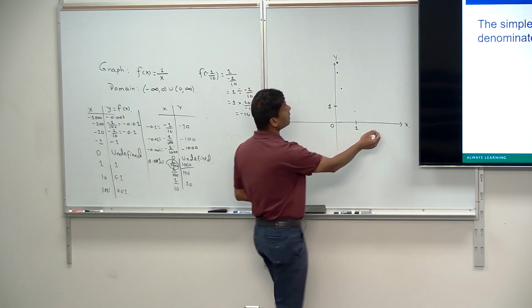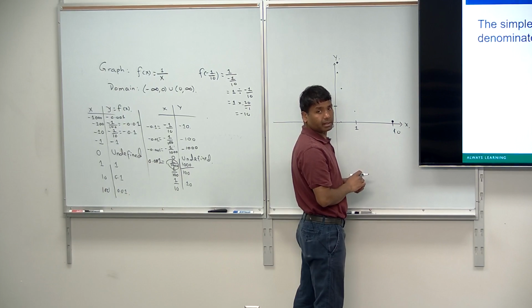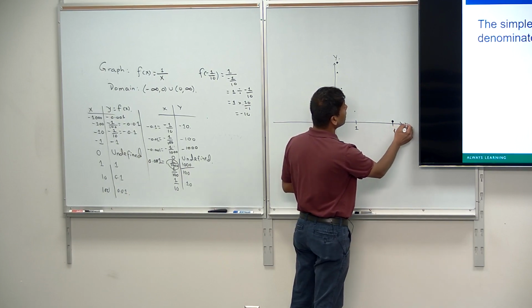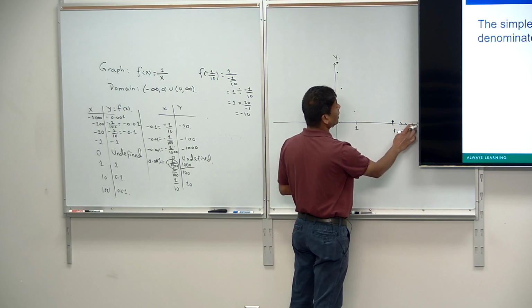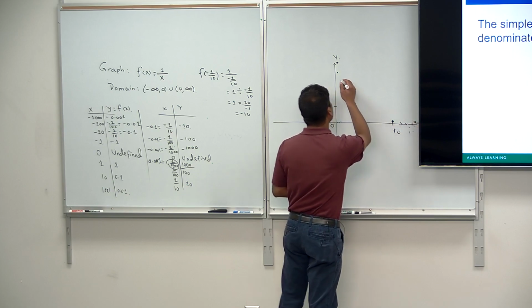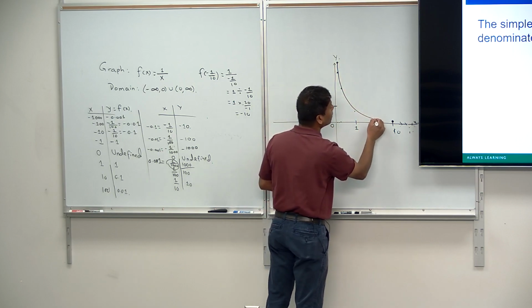So if the value of x is 10, it is 0.1, pretty close to 0. That means pretty close to the x-axis, right? And even if x is 100, it's pretty close to 0. So now the graph looks something like this.